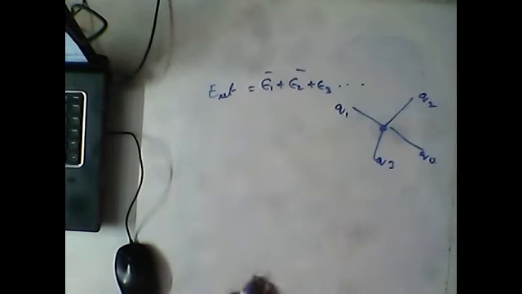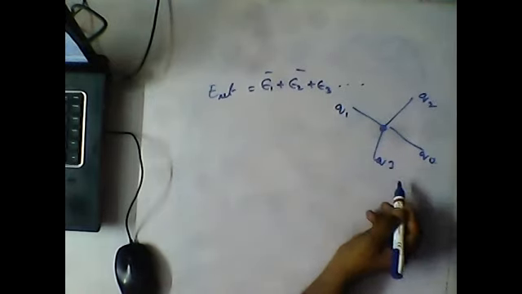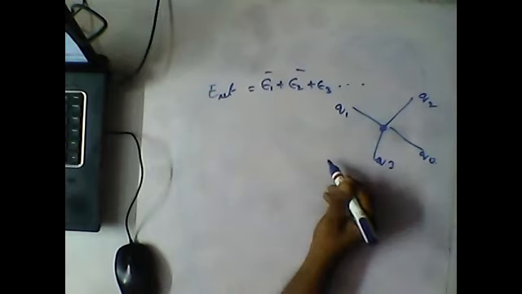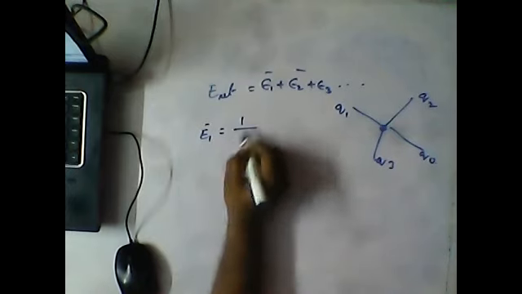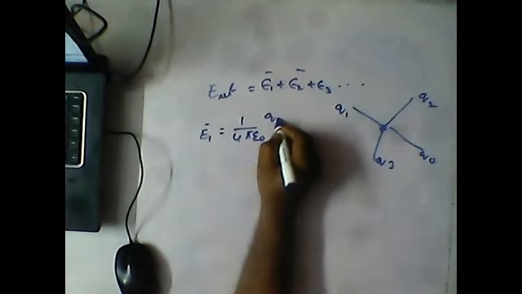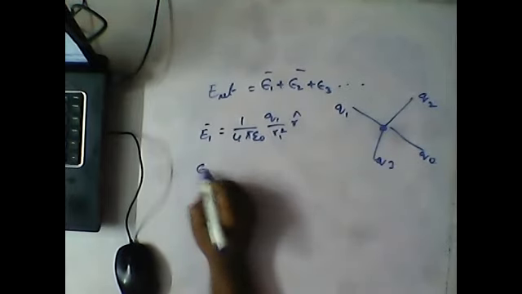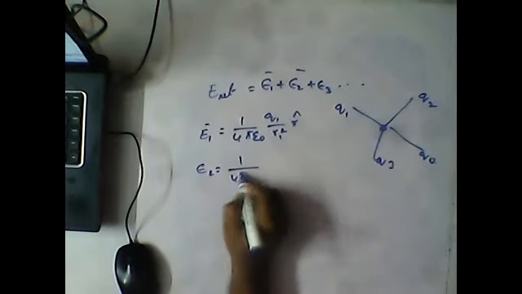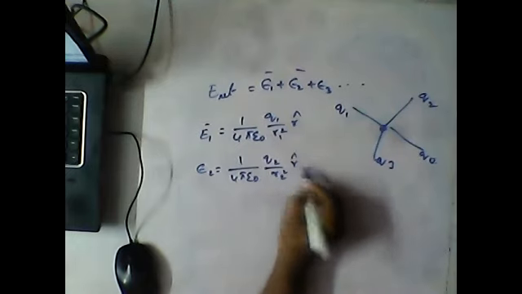So it will exert force on all the sides. We can write E1 bar is equal to 1 by 4 pi epsilon Q1 by R1 square R cap. E2 is equal to 1 by 4 pi epsilon Q2 by R2 square R cap.